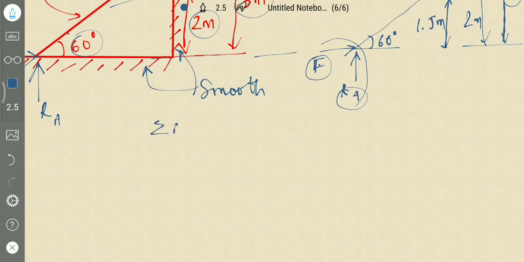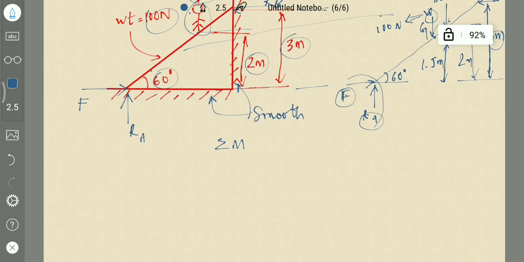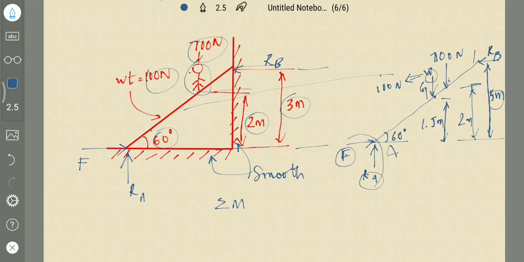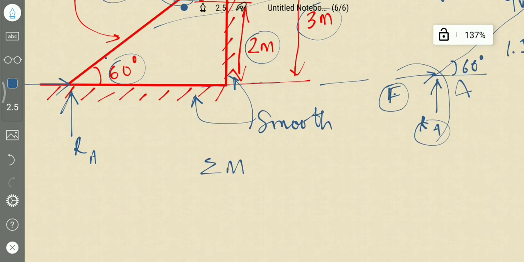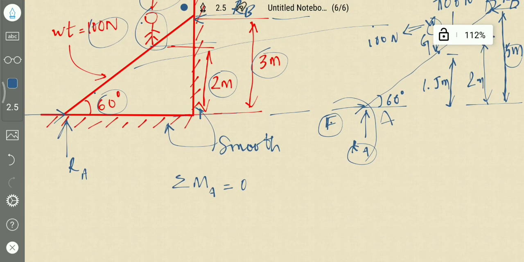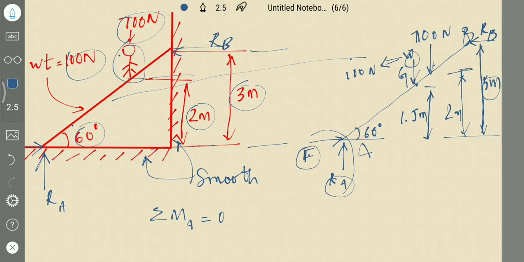Sigma M, suppose this is the point A, this is the point B. If we take moments about point A equal to 0, what are the forces about point A?